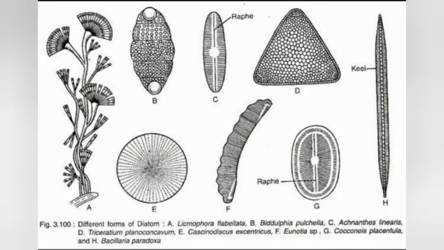Okay, Bacillariophyceae. Now the Bacillariophyta, commonly known as the diatoms, are ubiquitous algae of both fresh as well as salt water and also of damp places, including aerial habitats as well as rocky cliffs, then bark of trees, then damp soils.